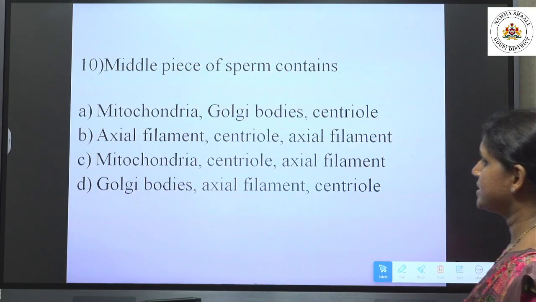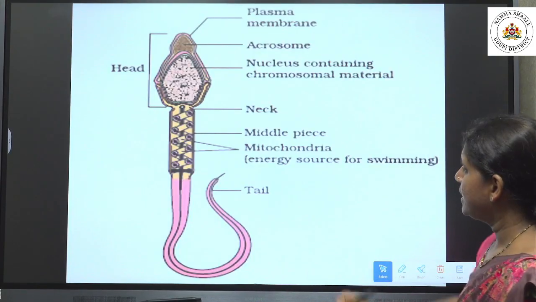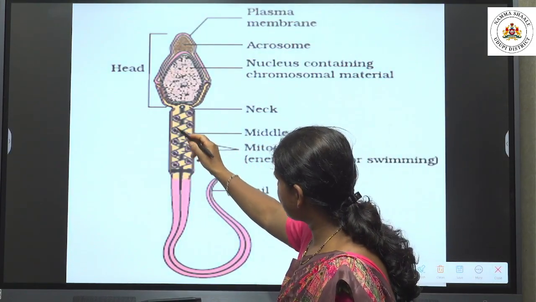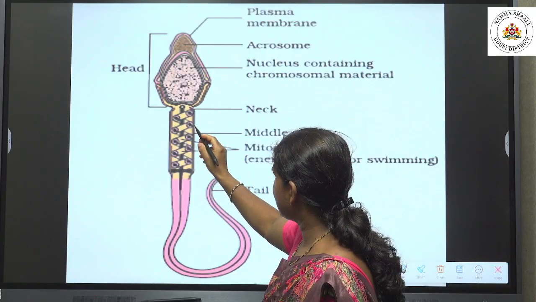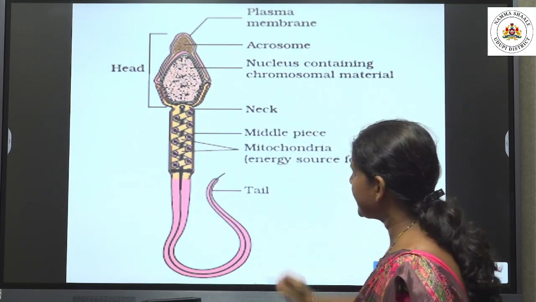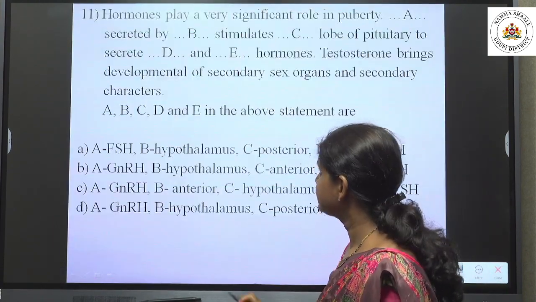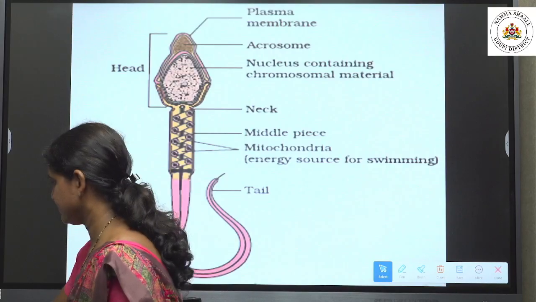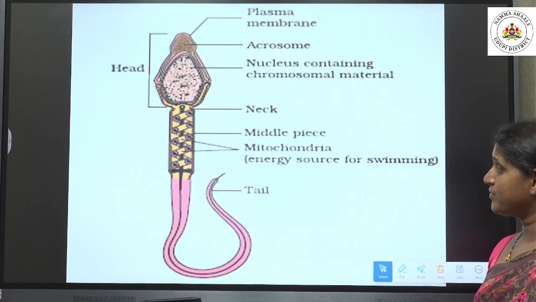The first option is mitochondria, Golgi bodies and centriole. The middle piece of the sperm mainly contains mitochondria, arranged as a mitochondrial sheath around the axial filament.